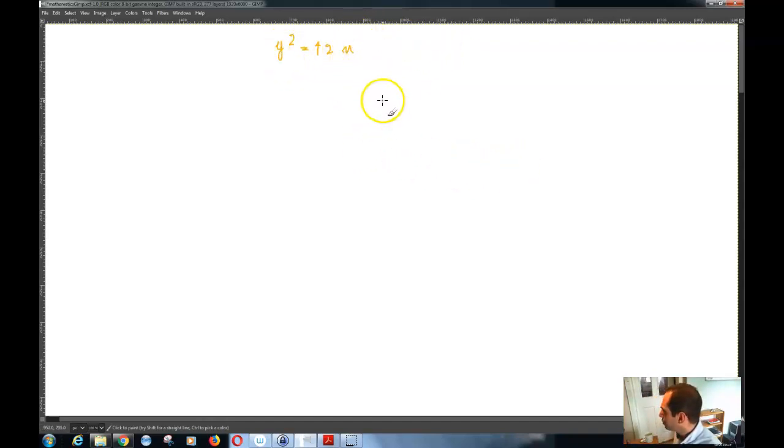You want to know the coordinates of the focus, the axis, the equation of the directrix, and the length of the latus rectum.